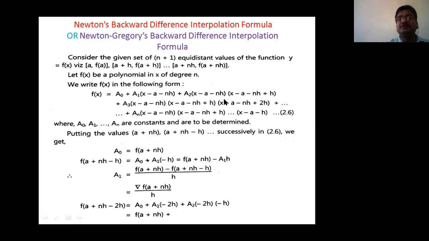The value of the third bracket is 0. If we substitute x is equal to a plus nh minus 2h, the value of this bracket is 0. That is, the coefficient of a3 is 0. Similarly, the coefficient of a4 is 0 and the coefficient of an is 0. And so we have this equation. So after substituting a naught as f of a plus nh, then a1 as this value, and simplifying, we get the value of a2.